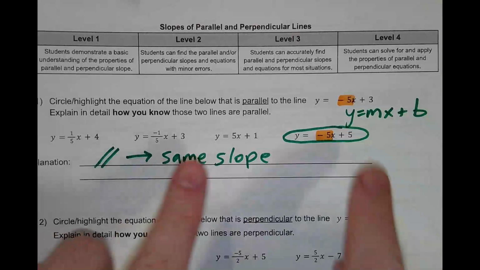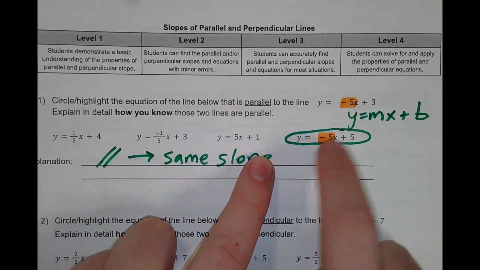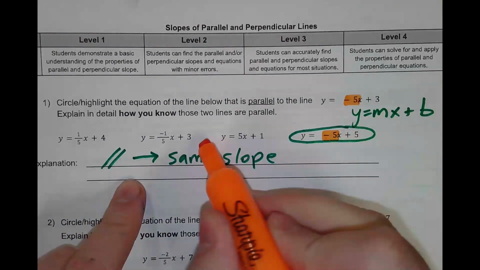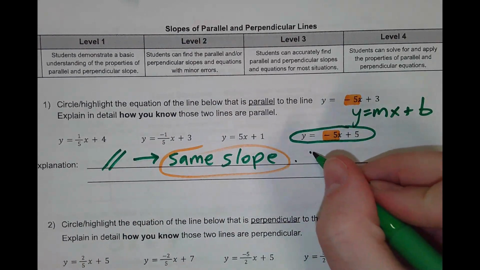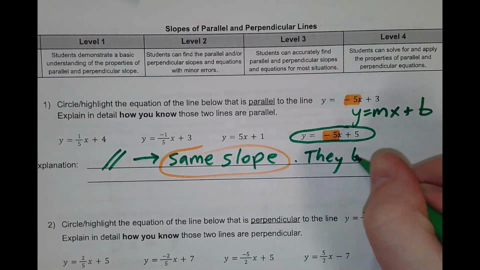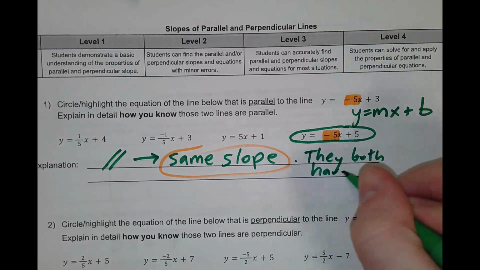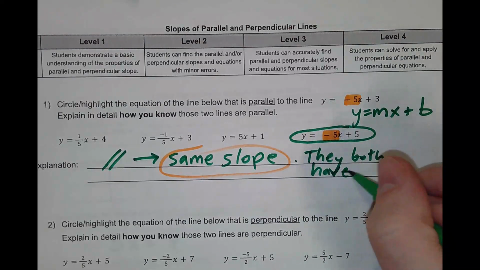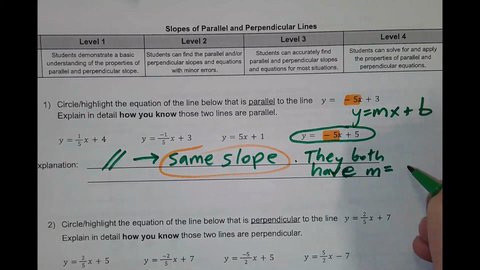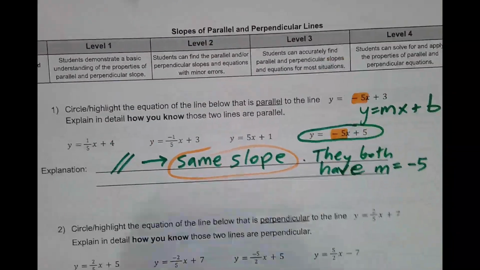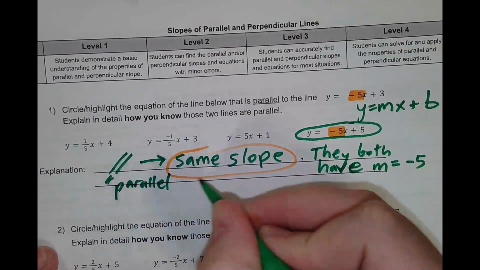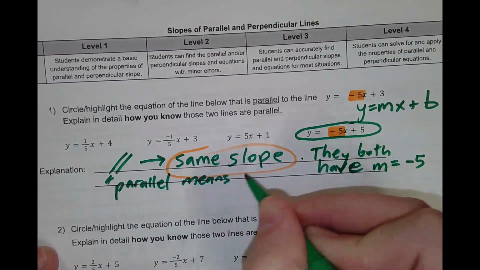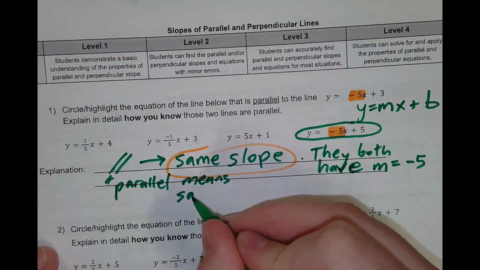And if we take a look, these are the only ones that have the same slope of negative 5. So to add more detail, we could say they both have a slope, or m, of negative 5. So in words, parallel means same slope.